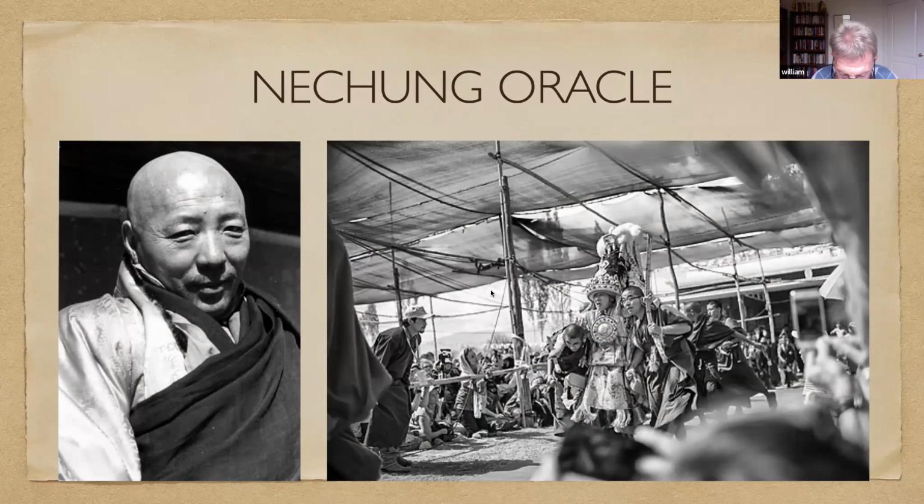Now, the Nechung Oracle is an individual. You can see examples of two of these oracles, who are believed to somehow be spiritual mediums. And so they somehow have spiritual knowledge as to at least the direction the leading lamas should go to try and find the reincarnation of the Dalai Lama.